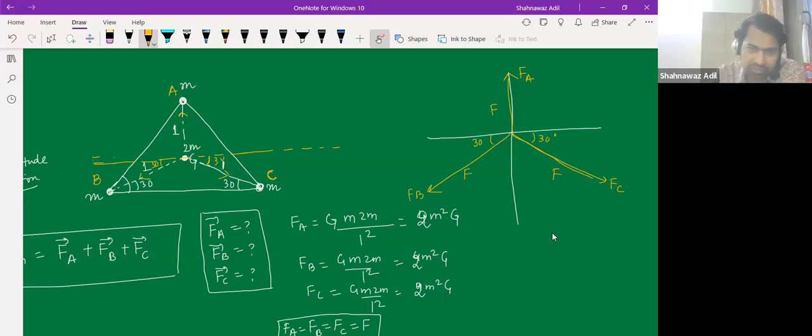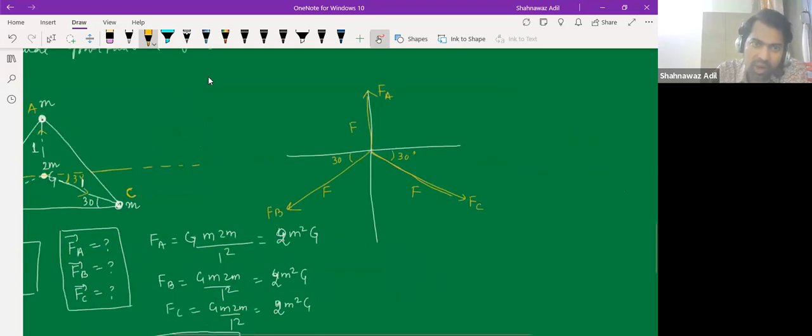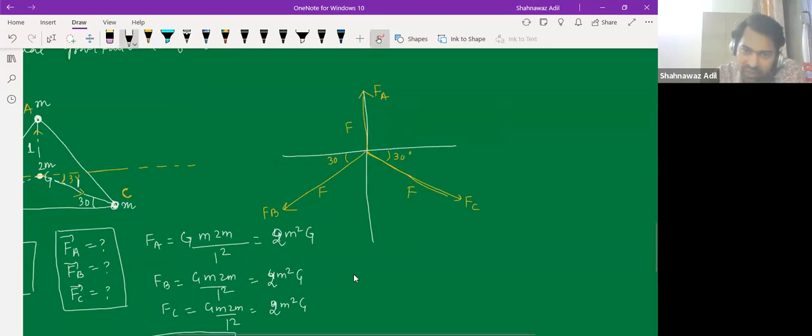Now tell me, what would be the FA vector? You have a vector like this.